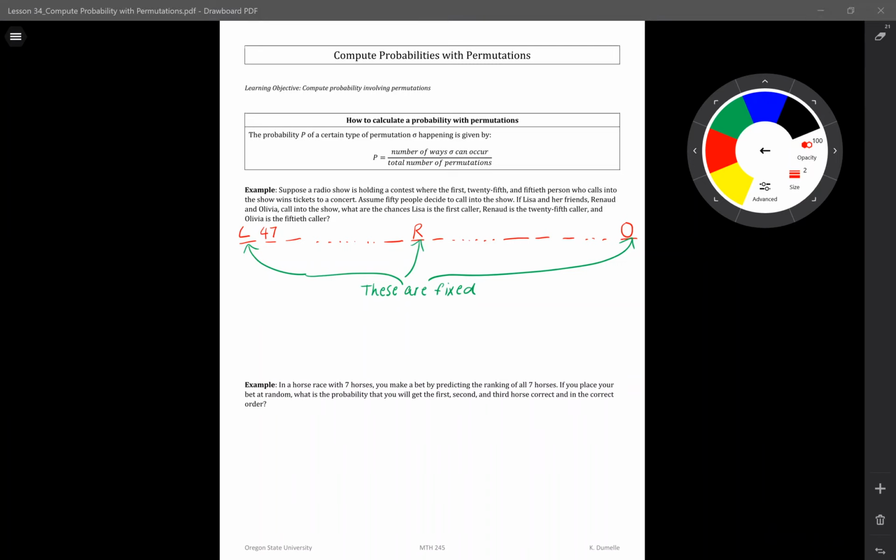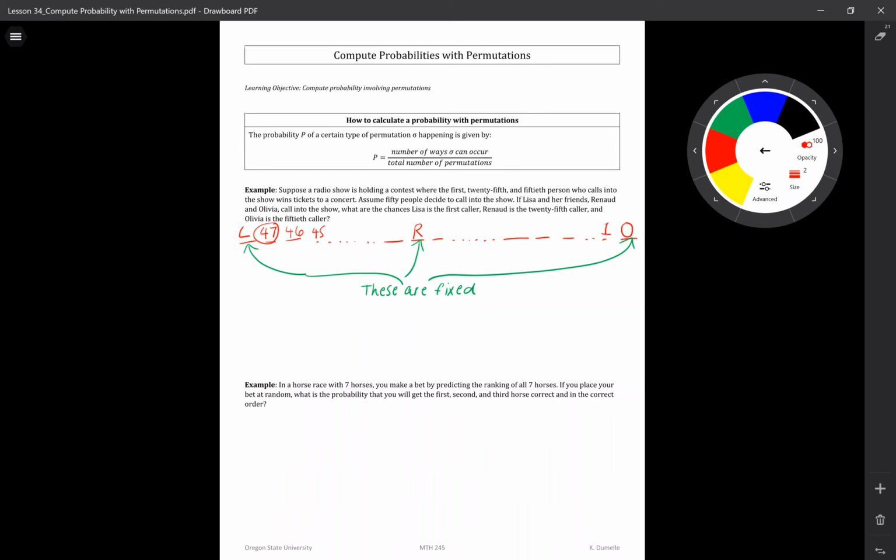So there are 47 people who could call in second, 46 people who call in third, 45, and then we go all the way down to Olivia. So we have 47 times 46 times 45, all the way down. There's only one person once we get down to right before Olivia, the last person that calls before Olivia. So again, this 47 comes from the fact that I have 50 people and 3 of them are already fixed. So I only have 47 people for the second slot.